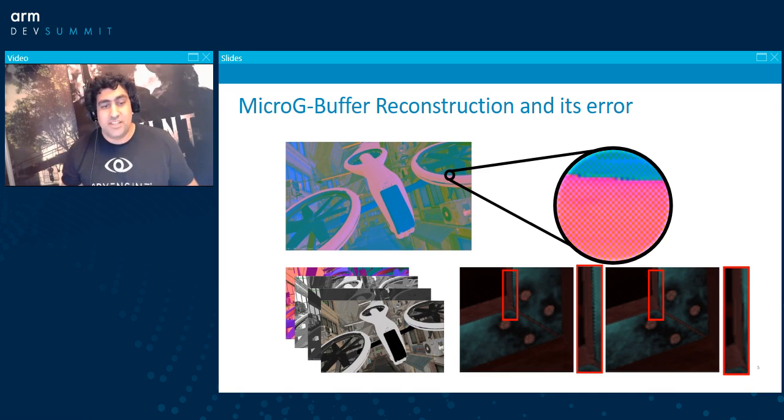Since we use an edge-directed reconstruction based on albedo's luma component, the method may leave reconstruction errors where other geometric components change at a higher frequency than albedo. In the bottom right image, the window frame has almost a constant albedo color, so the edge of it is not detected. Therefore, micro G-buffer reconstruction has produced the checkerboard artifact.